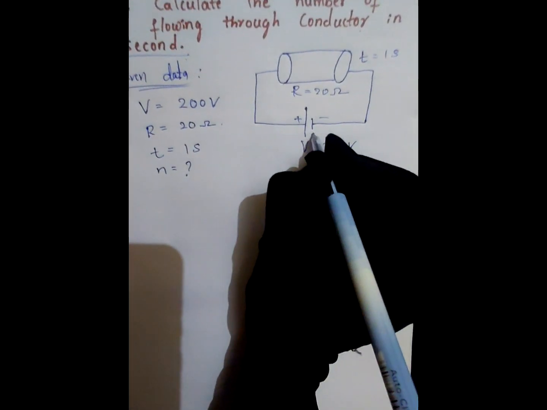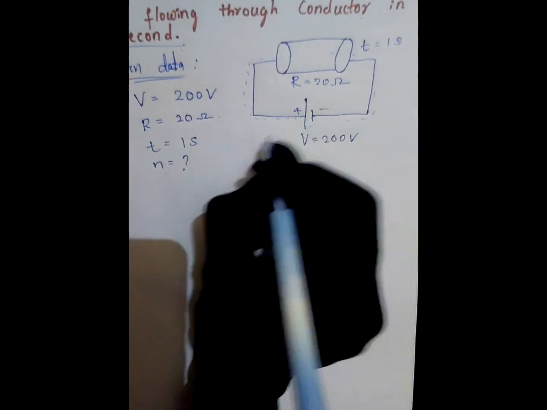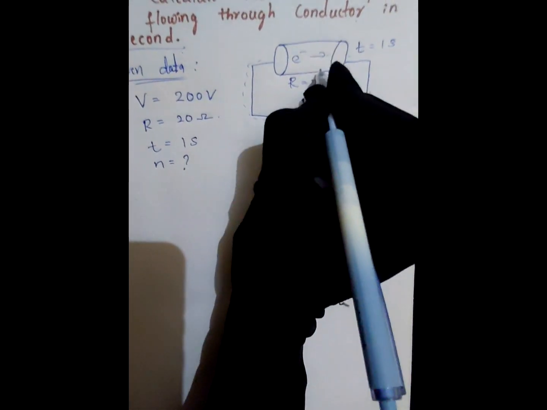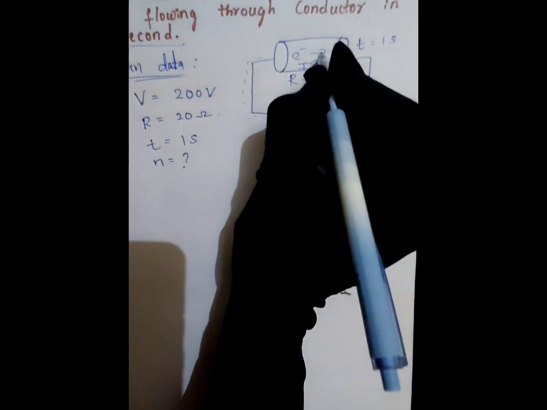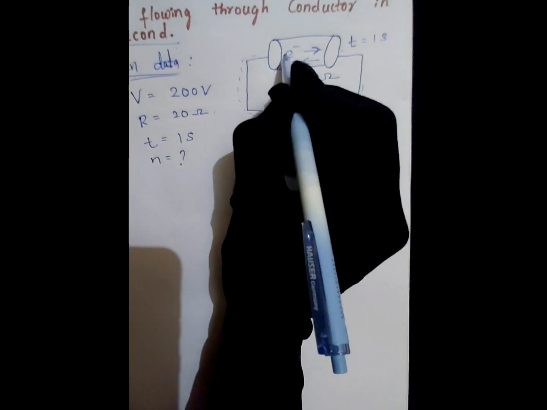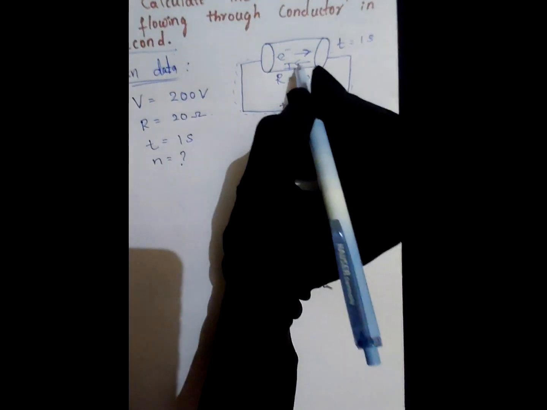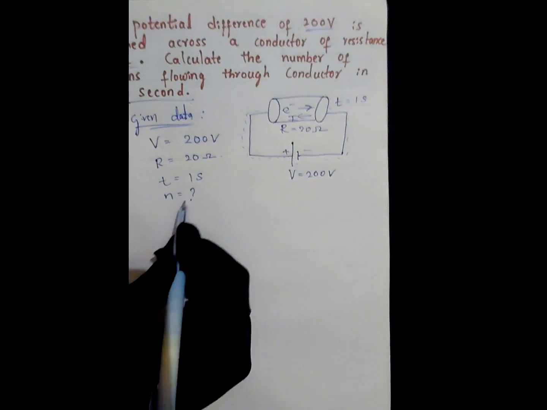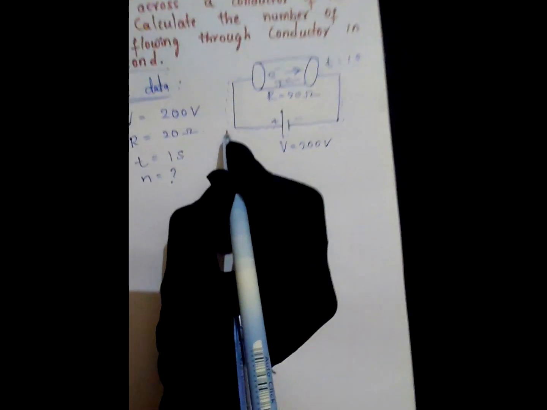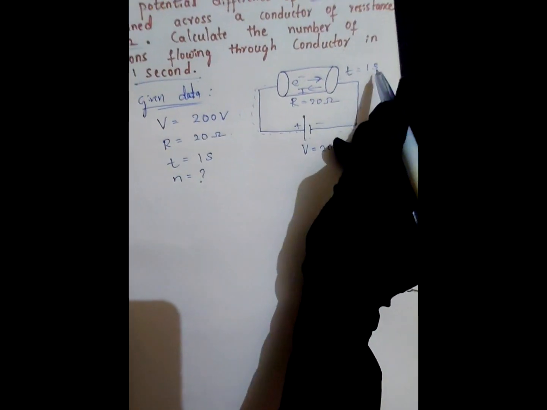If we switch on the battery, the electrons will flow like this, and if the electrons are flowing in this direction, then current will flow in the opposite direction. We know the basic rule: if electrons are flowing in this direction, current will flow in the other direction. So we need to find the value of N here. N means how many electrons are flowing through the conductor in 1 second.